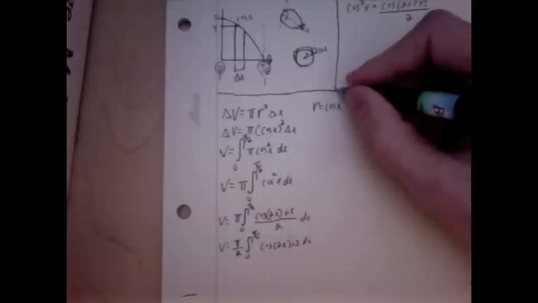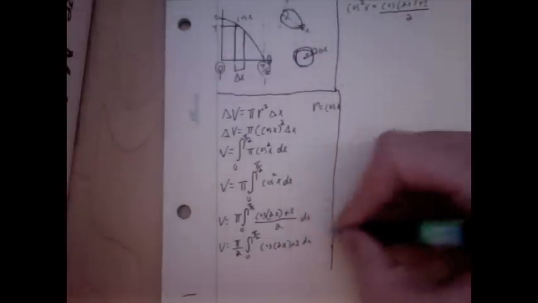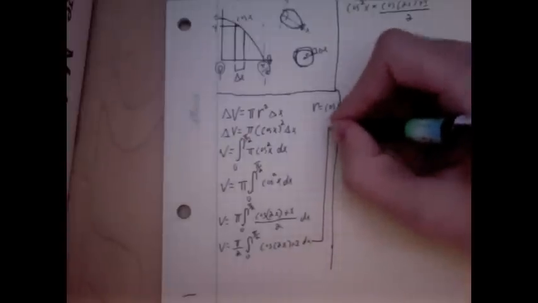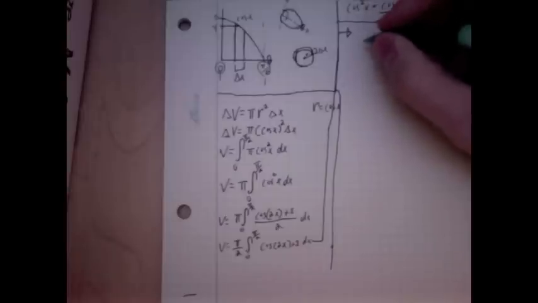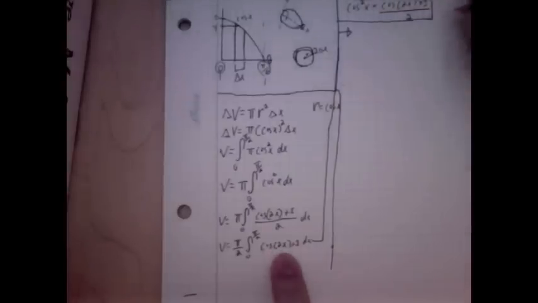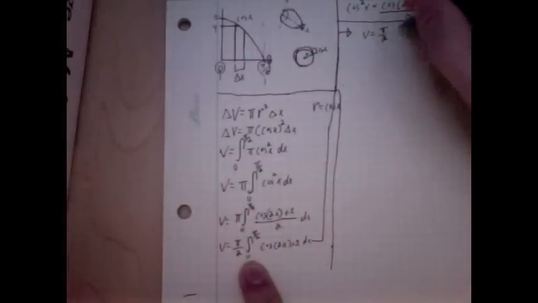So then here I'm just going to draw a line down here and continue this integration, to kind of cordon this off. We can use u substitution for this, because we have cosine. V is equal to pi over 2 multiplied by the integral from 0 to pi over 2 of cosine of 2x plus 1.